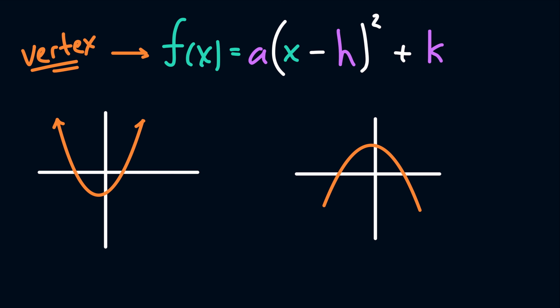Now, if it smiles at you, your leading coefficient, remember in the standard form we called a the leading coefficient. In the vertex form, a is also the leading coefficient. If a is positive, okay, if your leading coefficient is positive, then it smiles at you. And if the leading coefficient here is going to be negative, well, then it's going to frown at you.